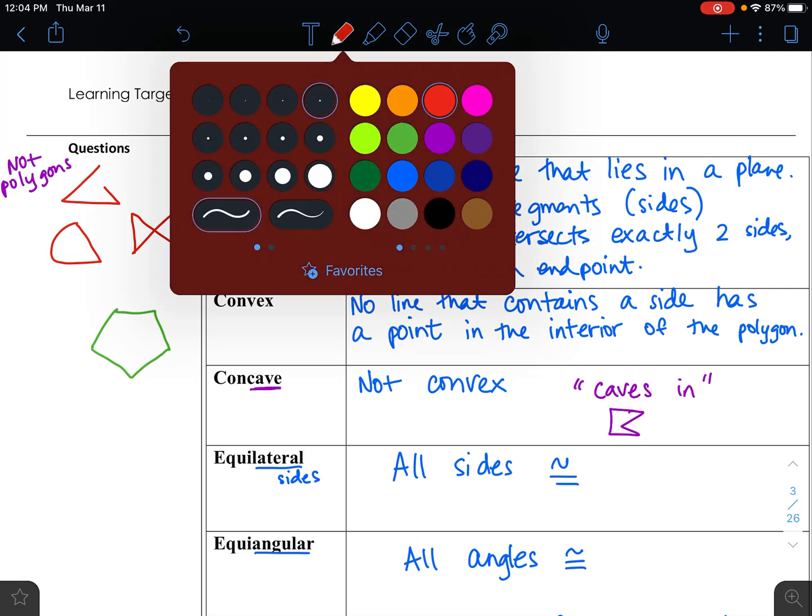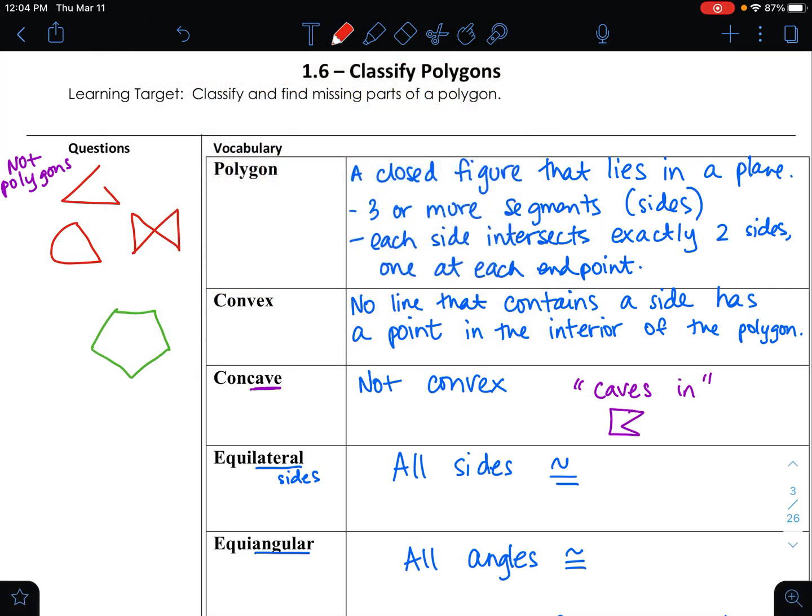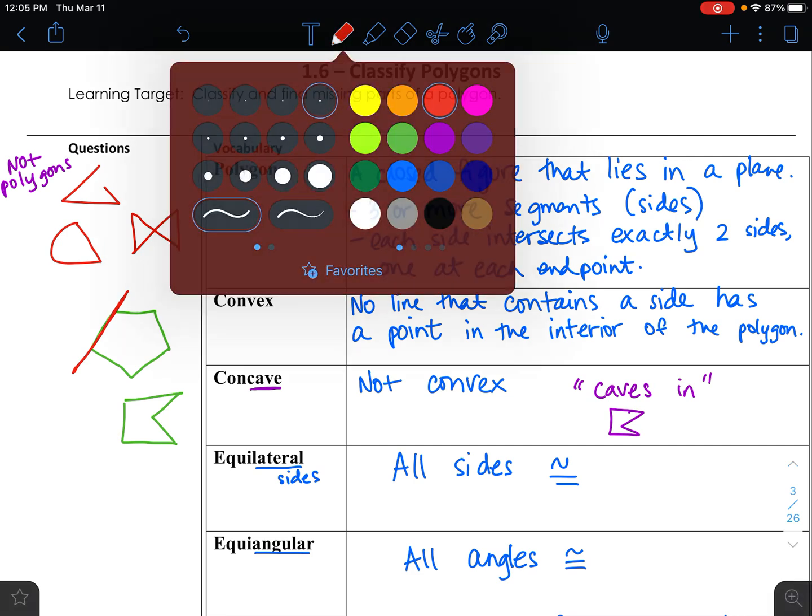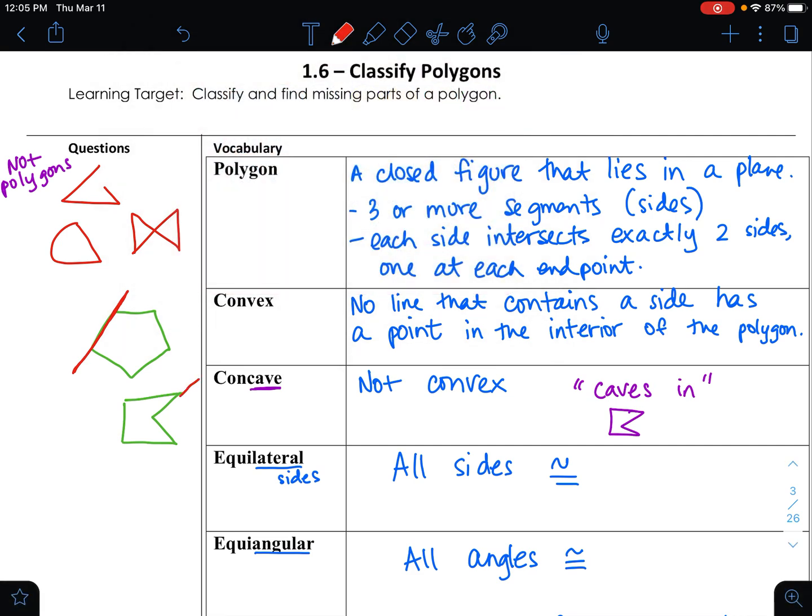So when it says no line that contains a side has a point in the interior, if I were to draw a line over this side, see how it doesn't go through the interior. But if I draw a concave polygon, like this, kind of like the one I drew over there, when I draw over this side, see how the line goes through the inside of the shape.